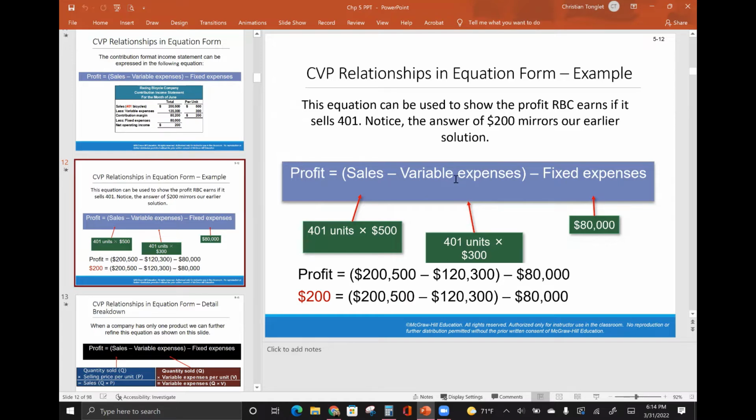We have the variable expense 300 times the 401 units, so we have 120,300. That right there is our contribution margin, less the fixed expenses. So we have $200. So it's just showing you in a formula format instead of doing the income statement. Basically the same calculation.